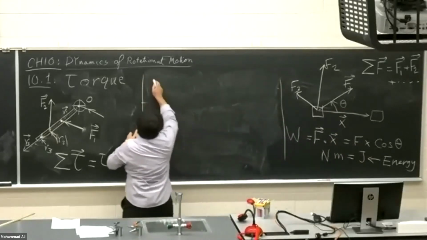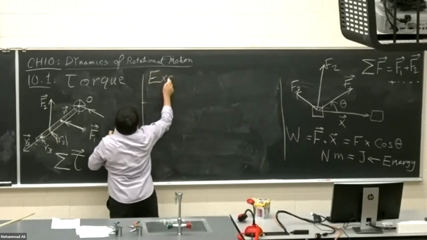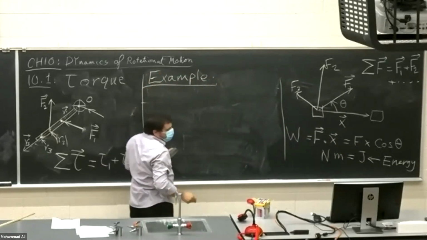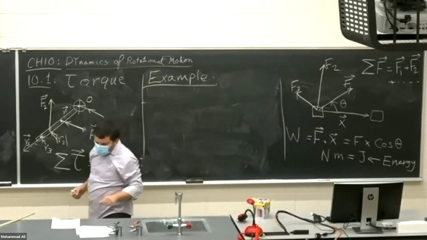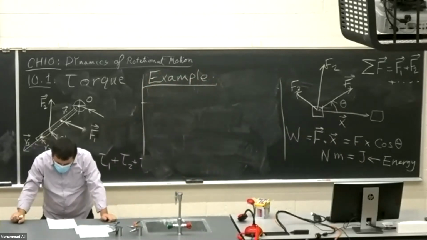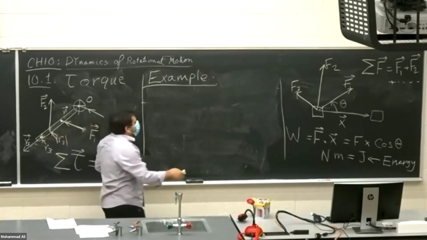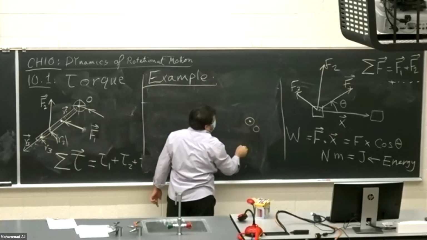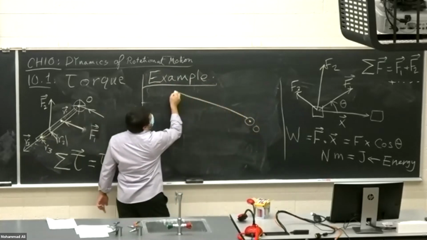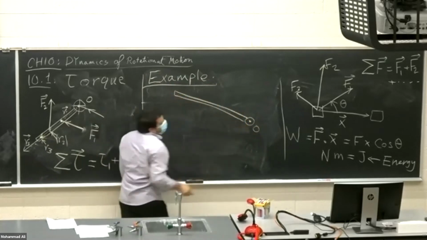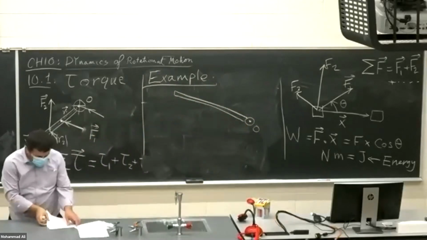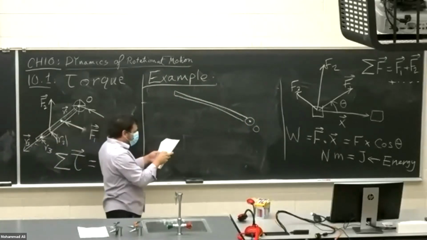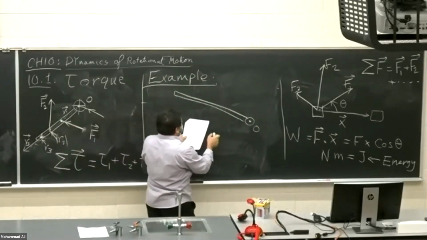Okay, now we have an example. We have a rotated object about the point O. And we have many forces. Each force has its angle and its distance from that point.